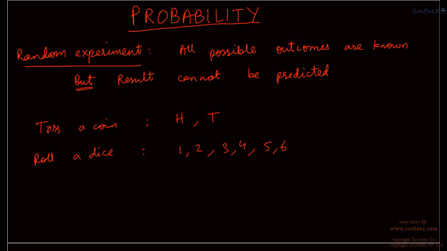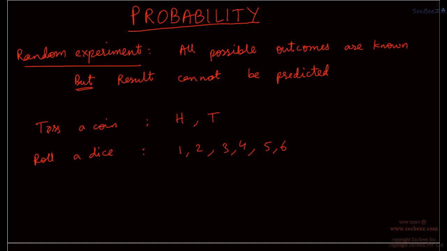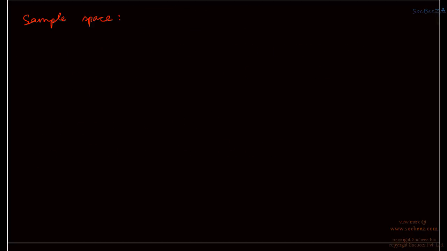So now that we are clear about random experiment, let's understand what a sample space is. Sample space is a set of all possible outcomes. So in the case of tossing a coin, the sample space would be H and T, right? That is denoted by S. So S is nothing but H or T, right?